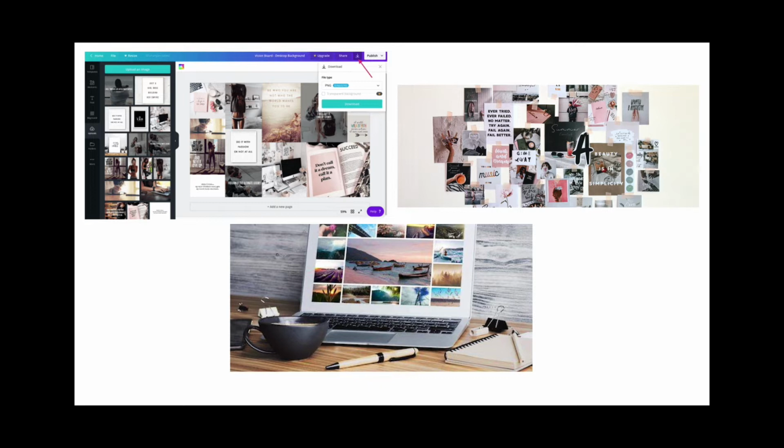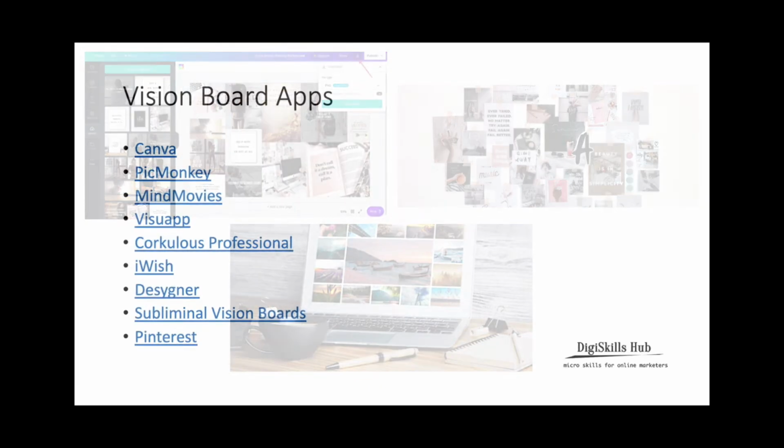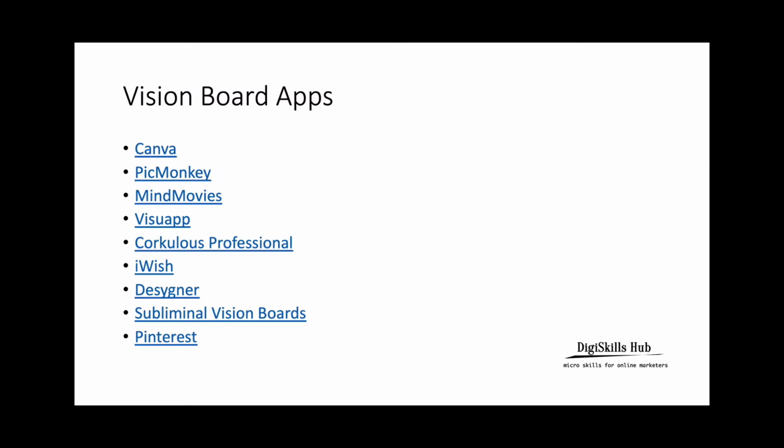So you can see here we have a laptop with our vision board as a screensaver. We've got a Canva page, which looks more like the traditional physical vision board. And we also have Pinterest boards that we all know and love. There are lots of resources to help you, and some of these are apps that you can download.